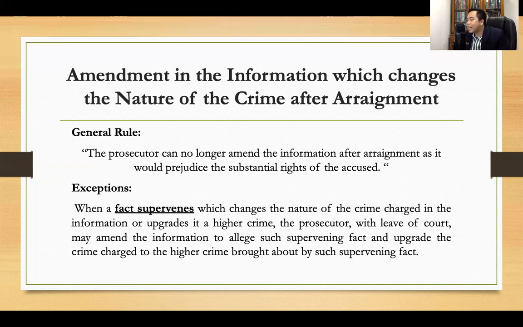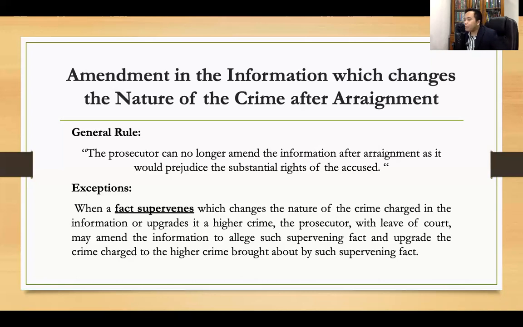For a better understanding, I will give you an example. For example, class, A has inflicted a stab wound against B. Okay? But because of timely medical attention or medical care, B managed to survive the attack and he was confined in the hospital.